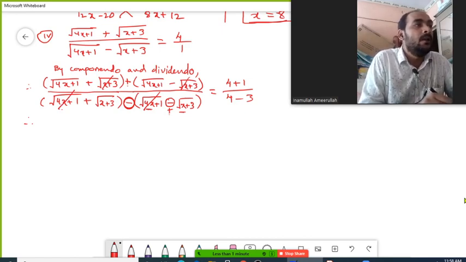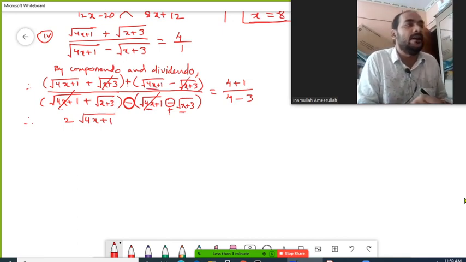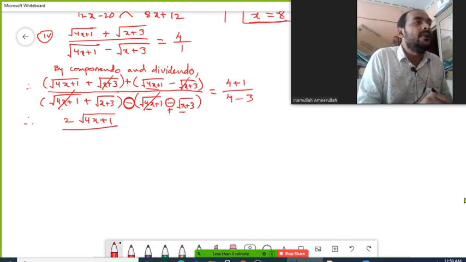Now here we have 2 times root 4x plus 1, so you can write it as 2 root 4x plus 1. Same way in denominator we can write 2 root x plus 3.